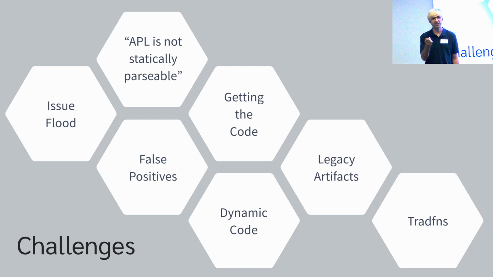You can technically write APL where any variable could be an operator, a variable, or a function, and you could potentially write code that handles that. But it's probably not what you want to be doing. Because trad funs allow a lot of these pathological possibilities, we're having to figure out what those challenges are and how we're going to handle them.